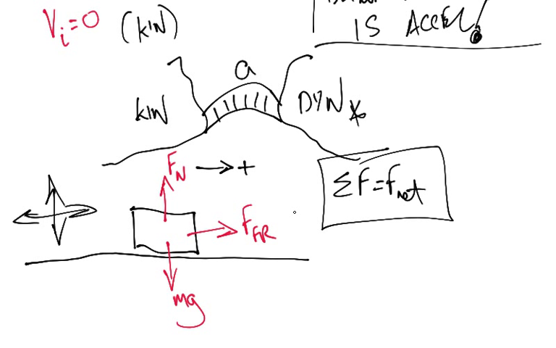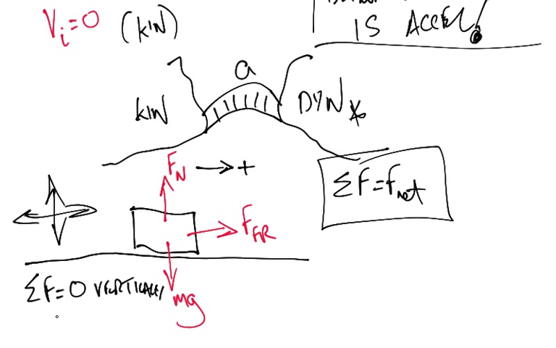However, since we know that the car has no motion vertically, in other words, the car is not gaining altitude, it's not flying, so the car is staying on the road, that means there is no acceleration vertically, which means that the sum of the forces must equal 0 vertically.